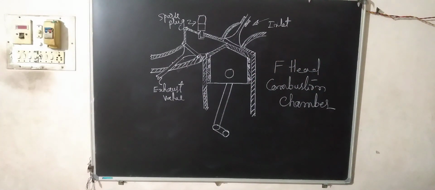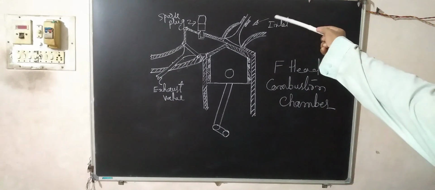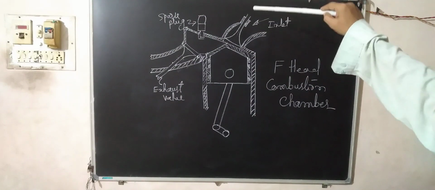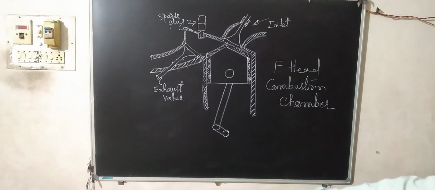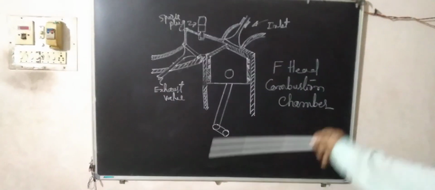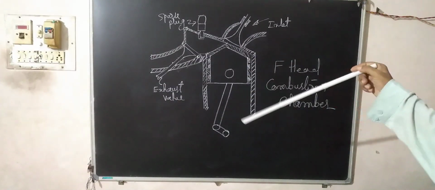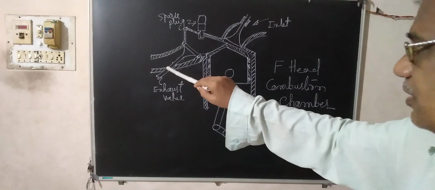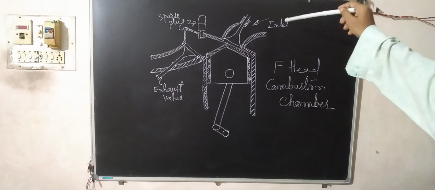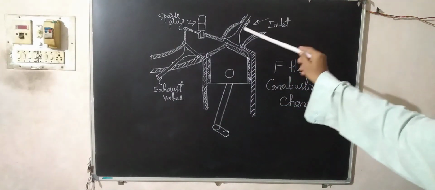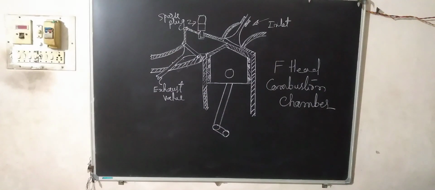The special feature of this F-head combustion chamber is that the set of inlet valves of the different combustion chambers will be in the head, and the exhaust valves will be in the cylinder block. If it is a 4-cylinder engine or 6-cylinder engine, all the exhaust valves will be in the cylinder block and all the inlet valves will be in the cylinder head. So this side will be inlet and this is the exhaust over here.